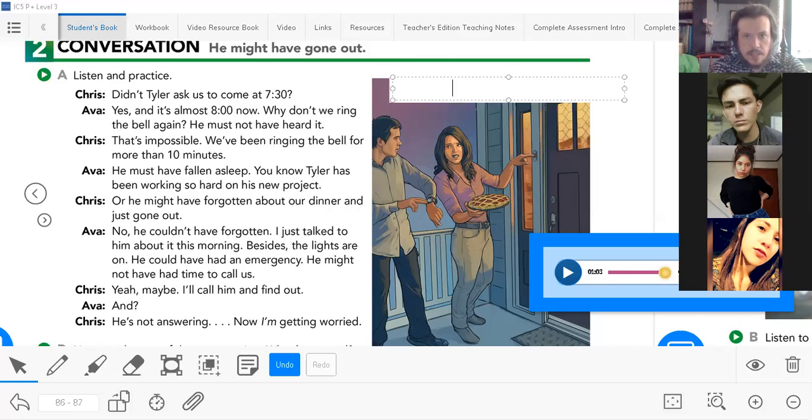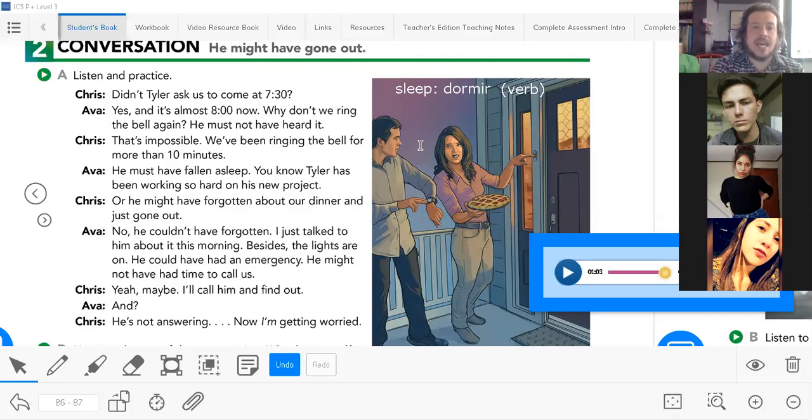sleep means dormir, right? Sleep, dormir, ¿no es cierto? And what kind of word is this? Is it a noun, an adjective, or a verb? Well, you know this. Verb. It's a verb, of course. Sleep, dormir, that's the verb.